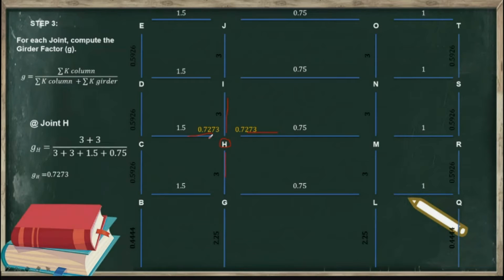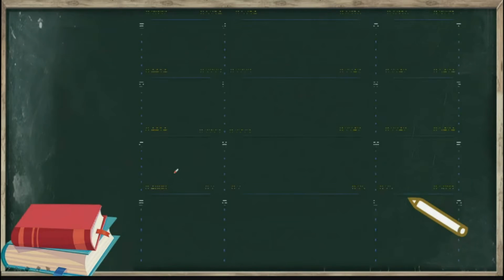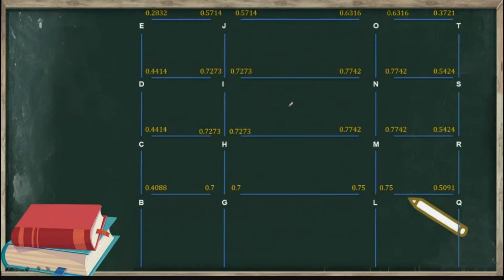So, gagawin natin ulit ito sa lahat pa ng mga iba pang joints para makompute natin yung mga girder factor ng mga bawat joints natin. So, sa pag-compute nun, ito na siya. Yan na yung mga values natin for the girder factors of all each member. So, proceed tayo sa next step.